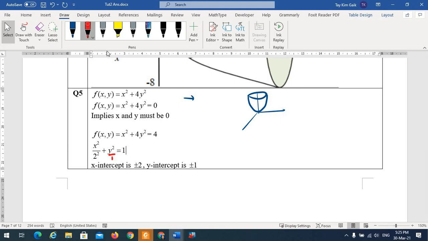To get the y-intercept, you let x equal 0, so 4y squared equals 4, or y squared equals 1, so y is plus or minus 1. Either one that you prefer, it's up to you. You either change to the ellipse form, or you substitute x = 0 to get the y-intercept, and y = 0 to get the x-intercept.